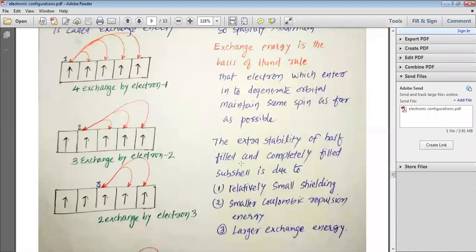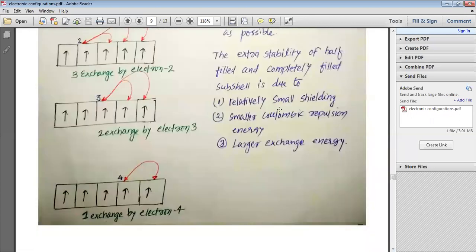The extra stability of half filled and completely filled subshells is also due to relatively small shielding. If the electrons are filled with the same spin, they provide small shielding. At the same time, there is smaller Coulombic repulsion energy, because when electrons with the same spin are filled into separate orbitals they have less Coulombic repulsion.